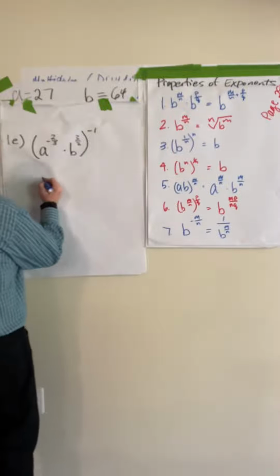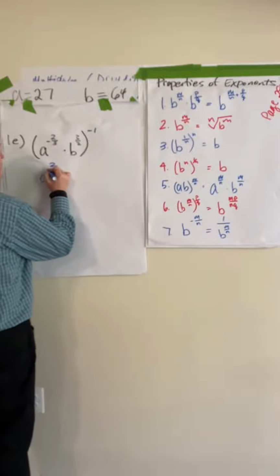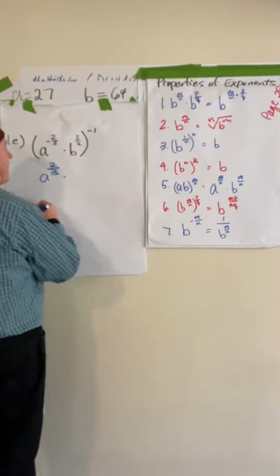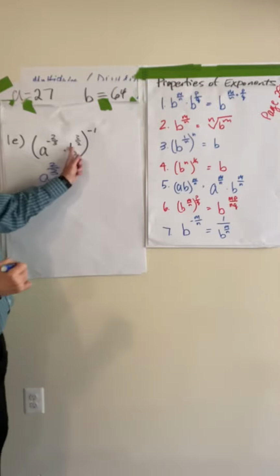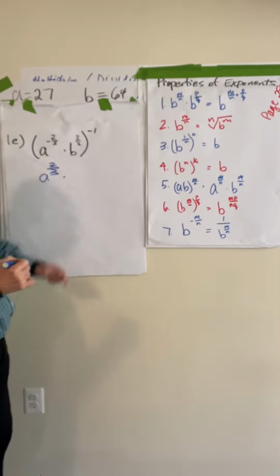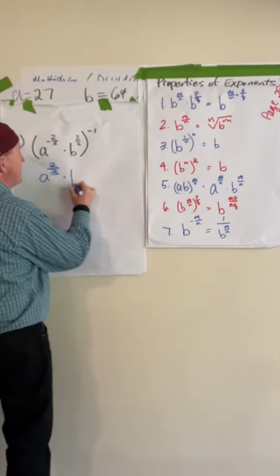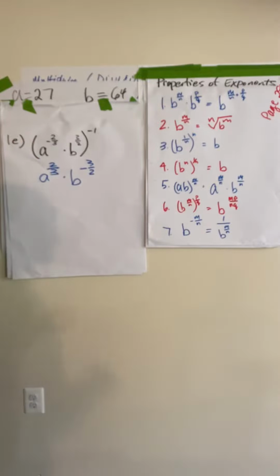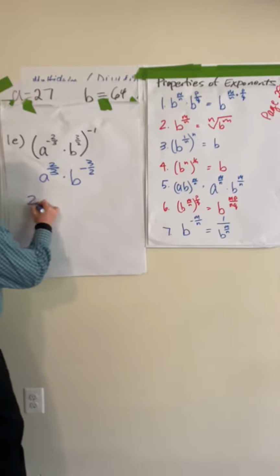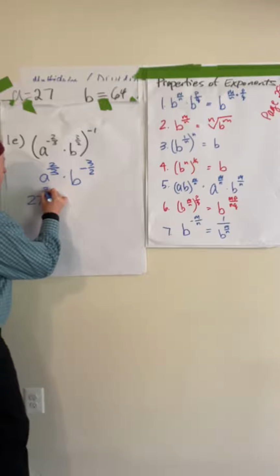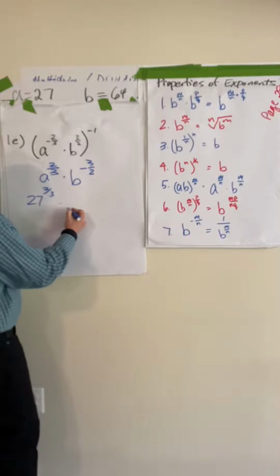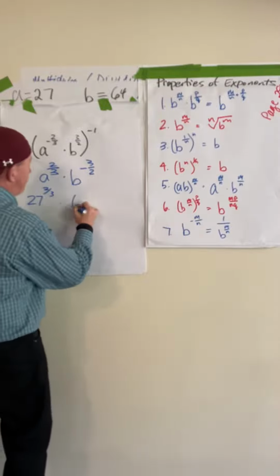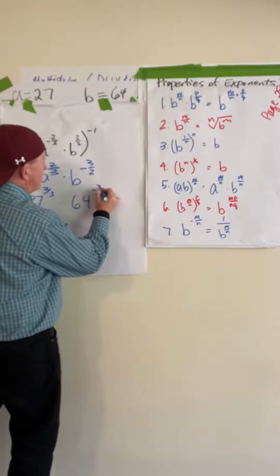So that's going to be a to the 2/3 times, now I'm going to do b to the 3/2 to the negative 1. That's going to be b to the negative 3/2. Now I'll put my numbers in. I'm going to put 27 in for a. We got 27 to the 2/3 times, and we got 64 to the negative 3/2.